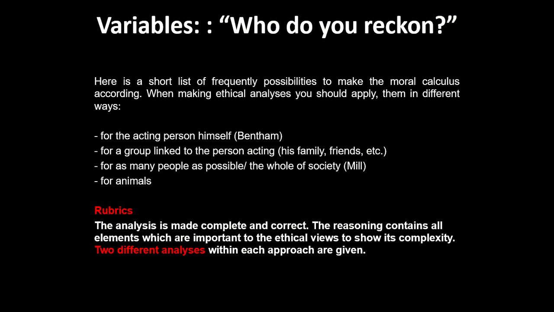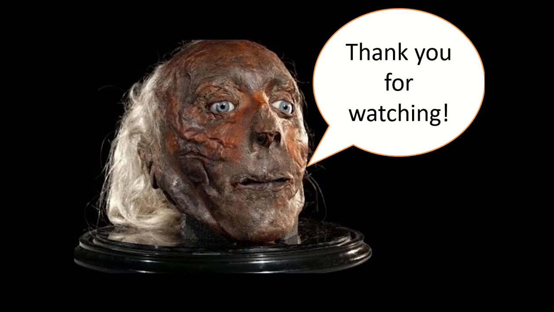If you want to make variations to it, for instance, in some cases animals might be involved, or you might have a gray area where a family or friends might be reckoned or not. But I ask you to stay away from that, keep it clear for yourself, make an analysis on a totally individual basis, like Bentham did, and make a version of the greatest happiness for the greatest number of people, like Mill did. That would be it for now.